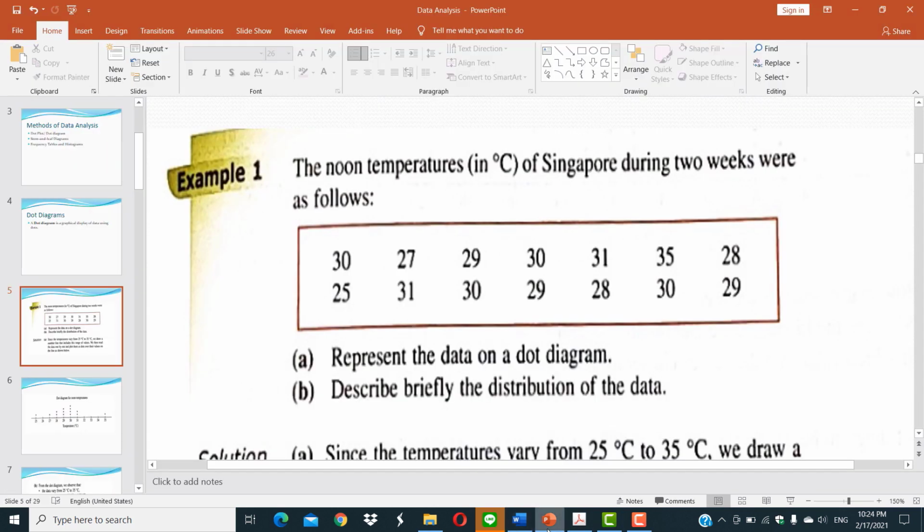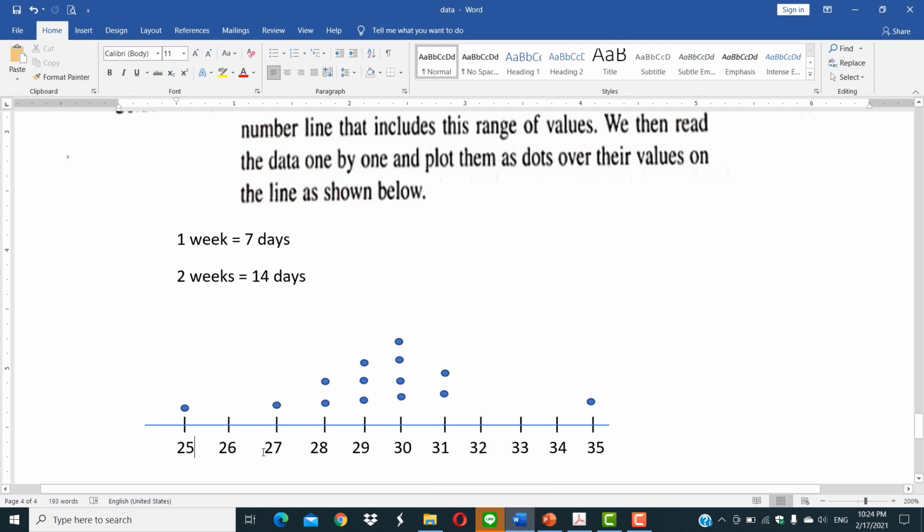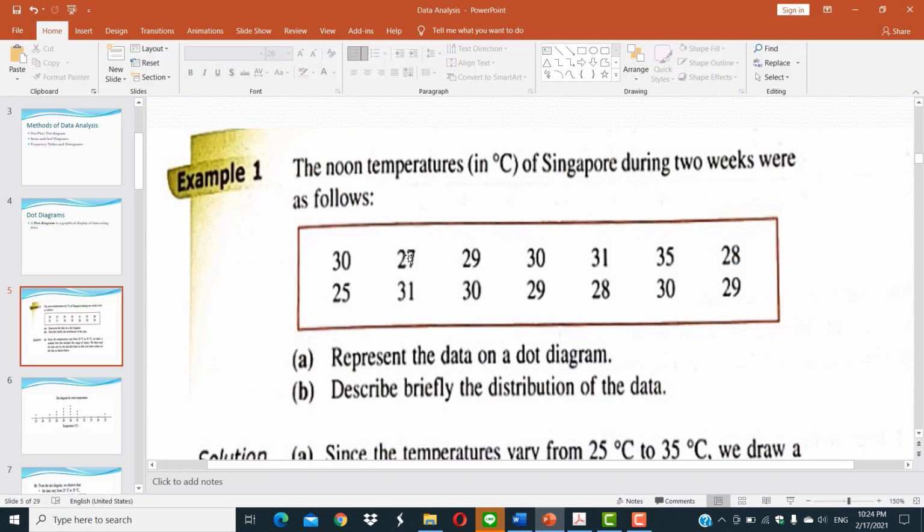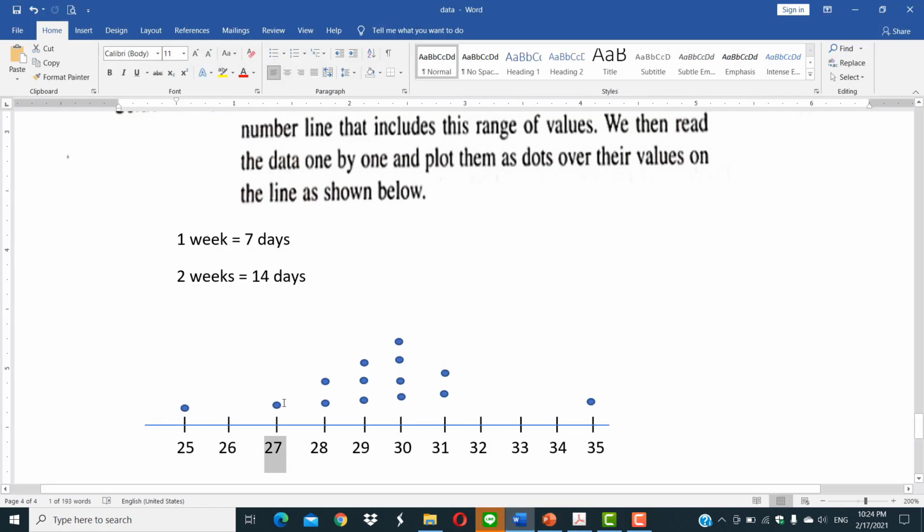Now 27, only one number of 27, that's why only one dot.